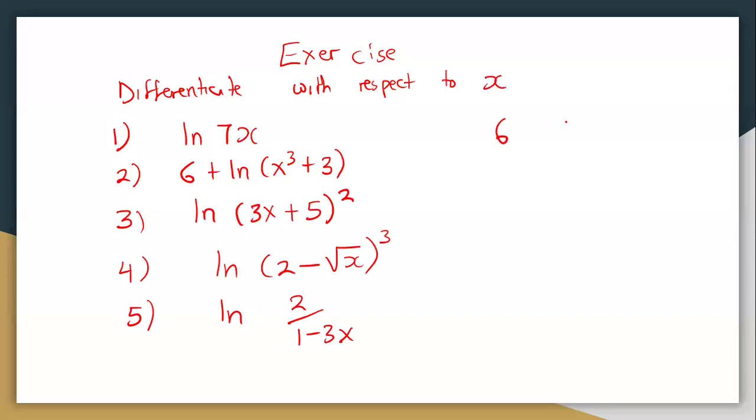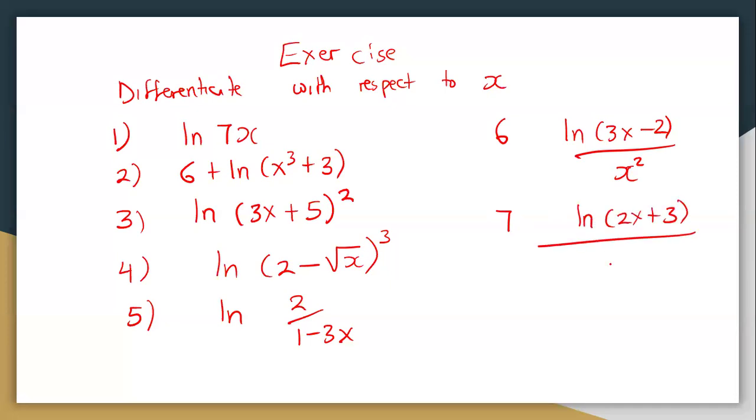And number 6, ln of 3x minus 2 out of x squared. Number 7, ln of 2x plus 3 out of 4x minus 1. And then number 8, you can try out ln of 2x plus 3 out of x minus 1.